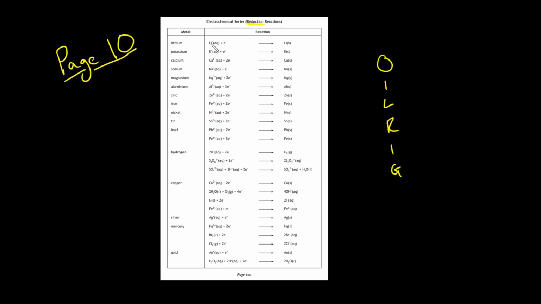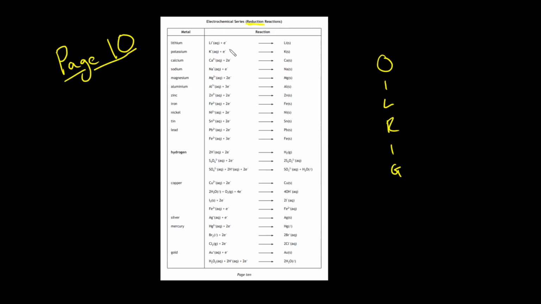And let's just check that. I've got lithium positive ion plus an electron, gaining an electron, becoming the lithium atom. Next one, potassium positive ion, gaining an electron, becoming the potassium atom. So these are all reduction reactions, and they're all gaining electrons. If I'm ever asked to write down a reduction reaction in my National 5 chemistry test or exam, I should go to this page and just copy down exactly what is said.